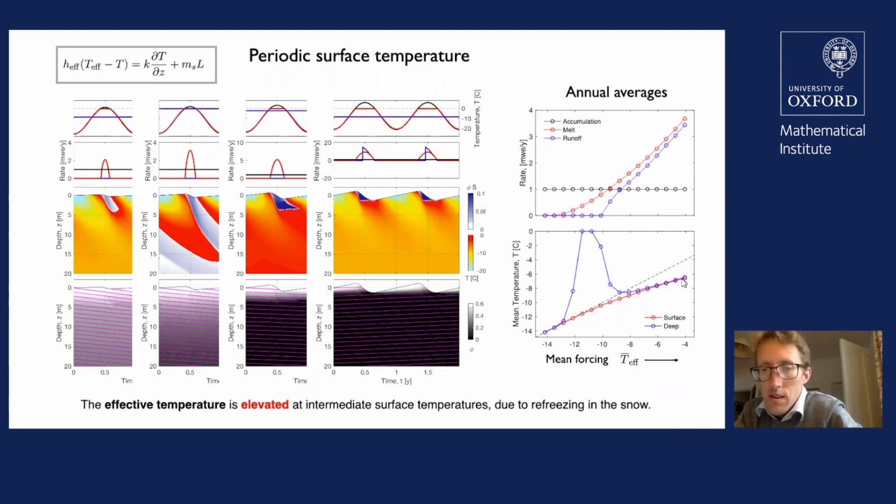And when you have very warm temperatures, all of the meltwater that's produced just runs off the ice. In that case, you also have quite cold temperatures of the ice. But in this intermediate state, where the water is going into the snow and then refreezing, the temperature at the bottom of the snow is actually at the melting temperature. So that's a kind of interesting feature of the way that the snow works.